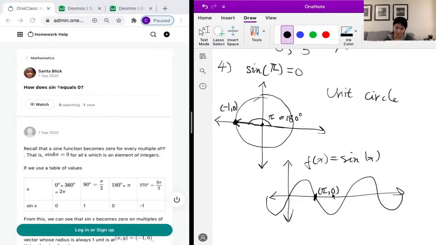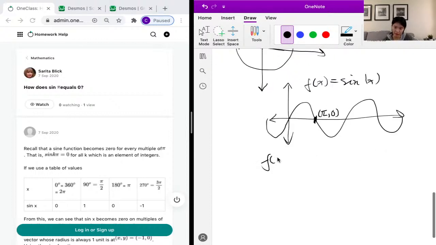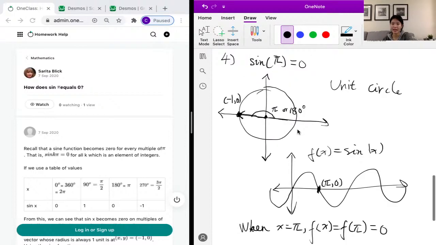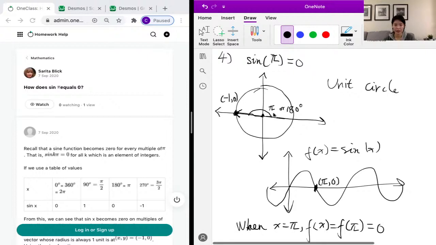Okay, so we know that when x is equal to pi, f of x is equal to f of pi, which is this point on the graph, which is 0. So that's another way to know that sine of pi equals 0. And those are the two most straightforward ways, I think, to explain why sine of pi is equal to 0.